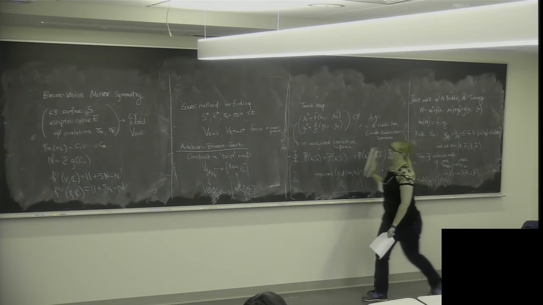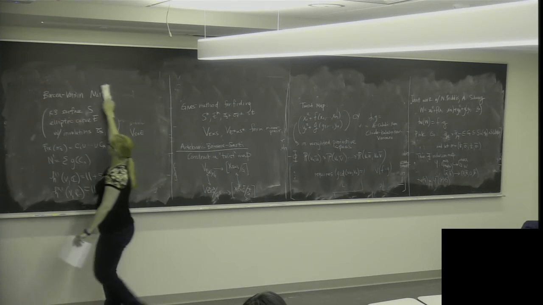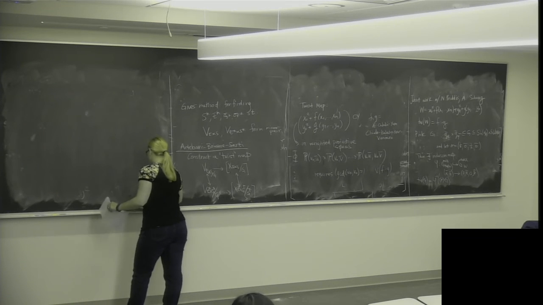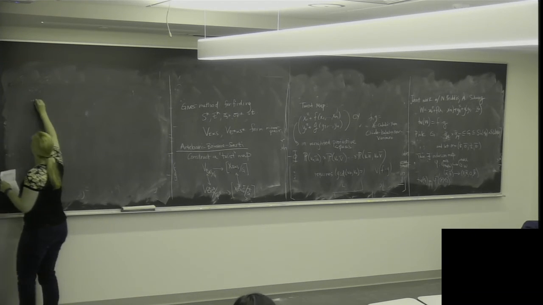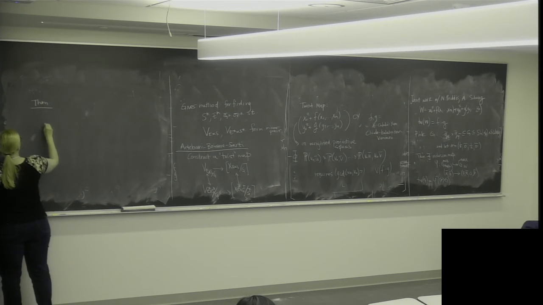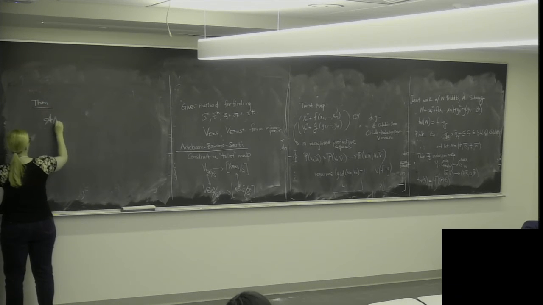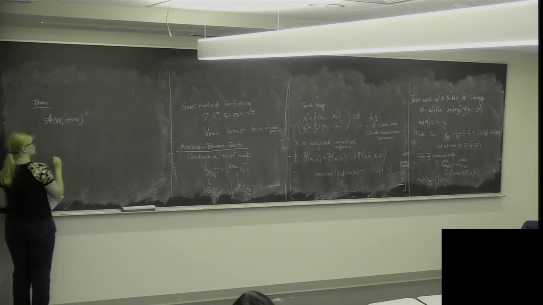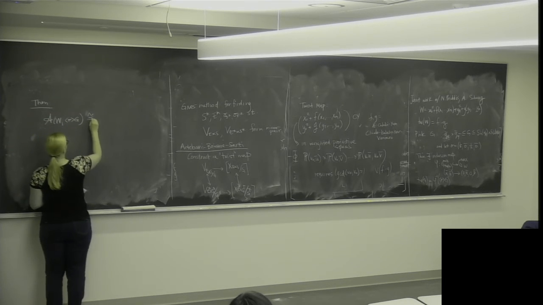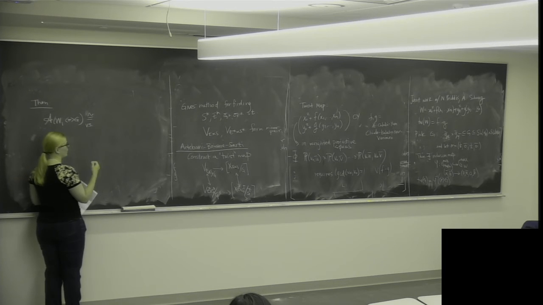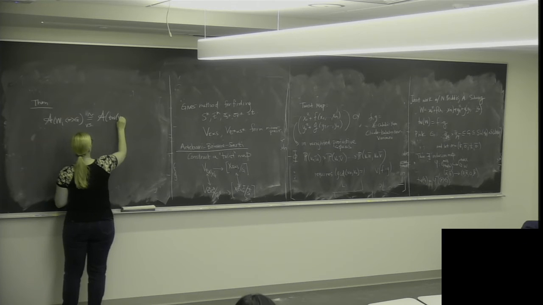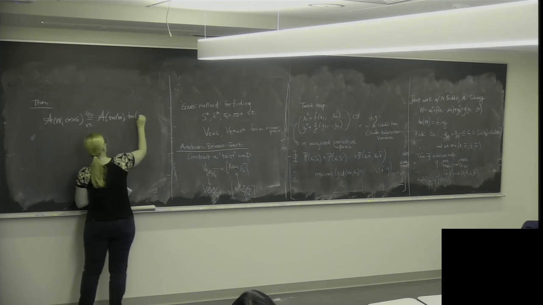Okay, so our theorem, our first result, anyway, is that under the conditions described over there, we have that the A model of W in the group generated by sigma times G is isomorphic as a graded vector space with a pairing, that is, with the A model of the twist of W, twist of G.